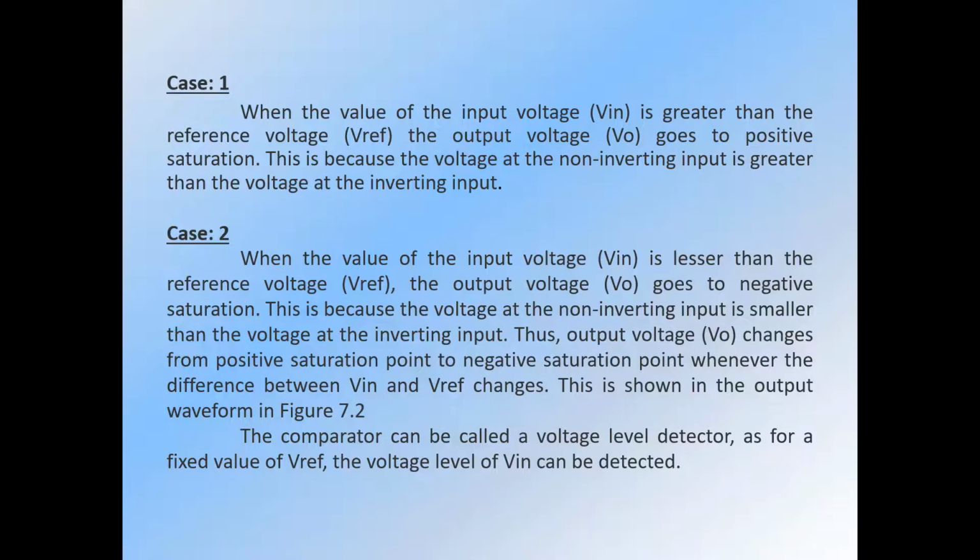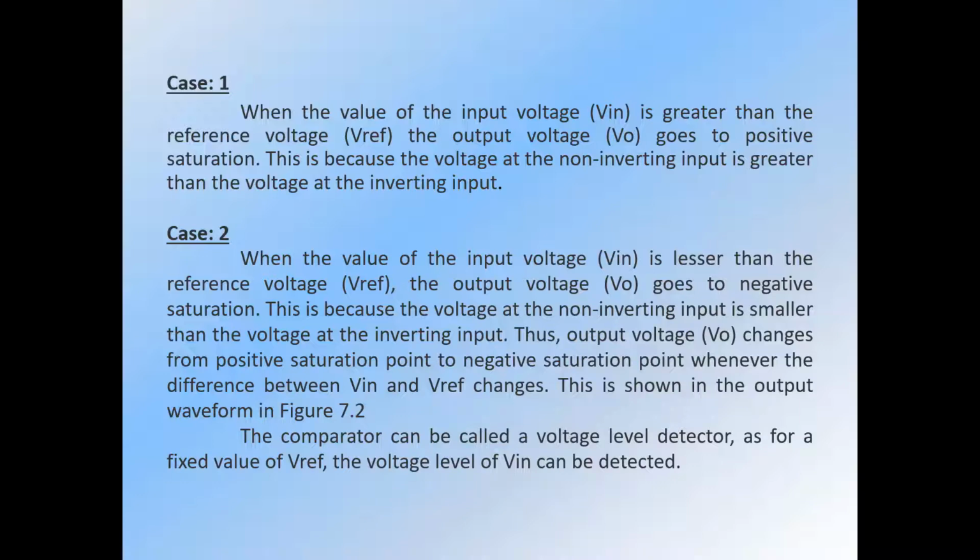Case 1. When the value of the input voltage is greater than the reference voltage, the output voltage goes to positive saturation. This is because the voltage at the non-inverting input is greater than the voltage at the inverting input. Case 2.